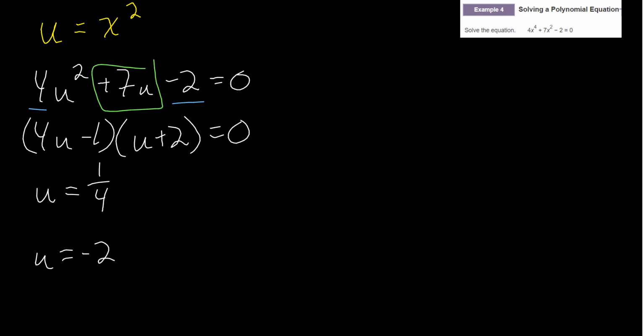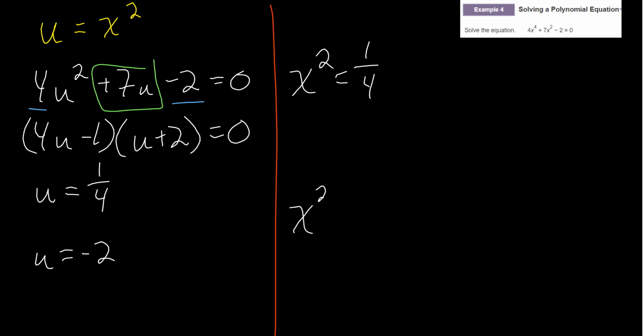All right, but we're not done, because again, my u that I had up here was u is equal to x squared. Okay, so I'm going to end up with x squared is equal to 1/4, and x squared is equal to a negative 2. Okay. Solving for this, I take the square root of both sides.